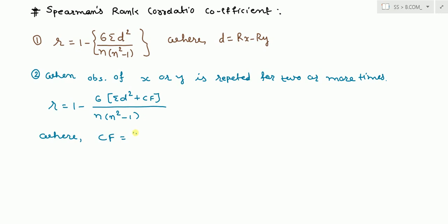Cf is equals to n cube minus n upon 12, and m is equals to number of times observation is repeated.